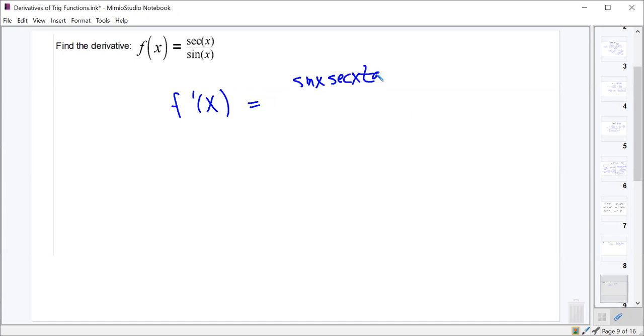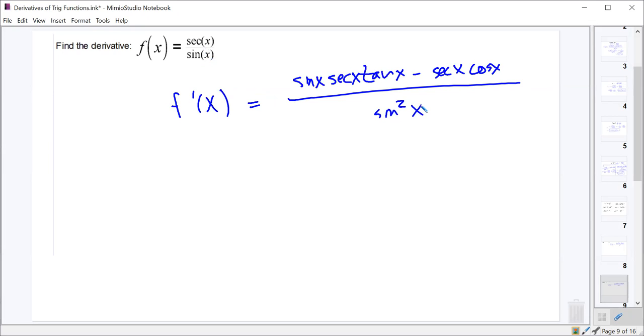Secant x tangent x. So that's v du, minus u, secant x, times the derivative of sine, which is cosine x, all over sine squared x.